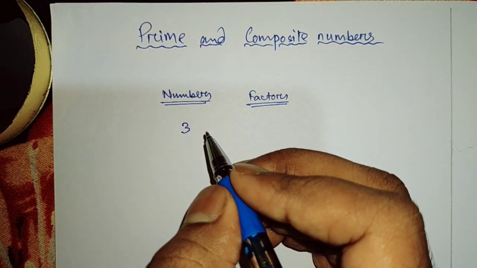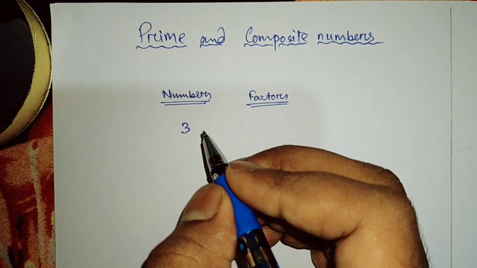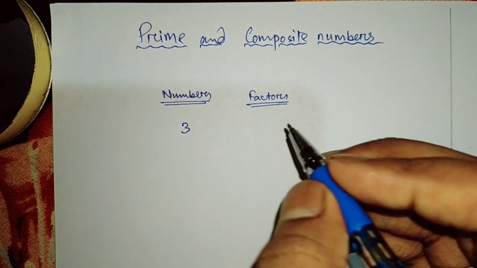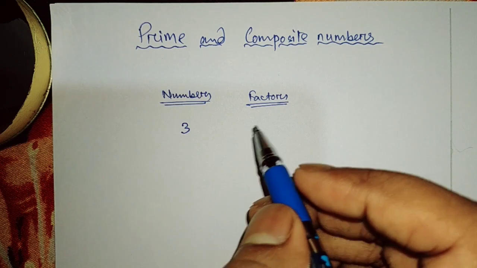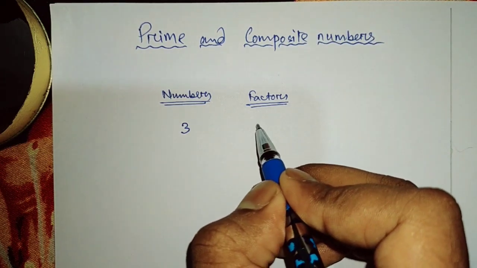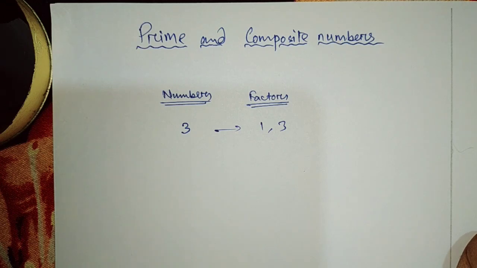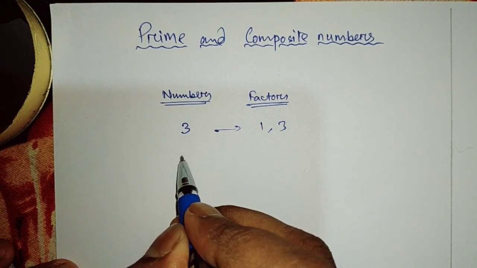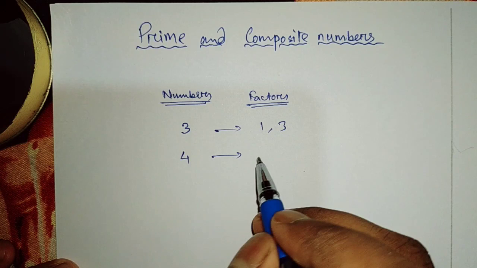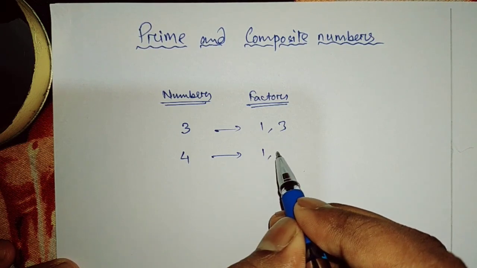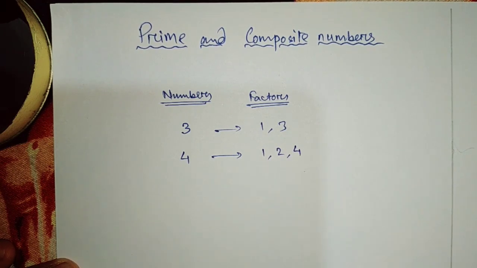We have already learned how to take out the factors. If we take out the factors of 3, it comes out to be 1 and 3. The factors of 4 are 1, 2 and 4.